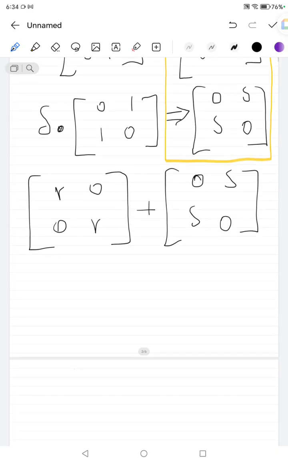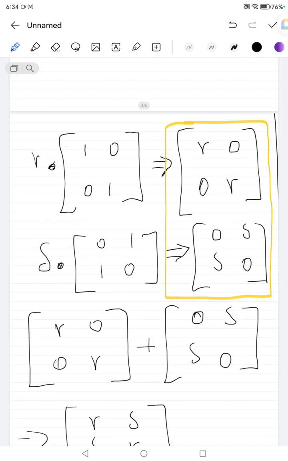So you will see that the final one that we're going to get is your R plus your 0. This is your R, then this side your 0 plus your S is your S, 0 plus your S is your S, then your R plus 0. This will give you your R. So now we are done with this part.